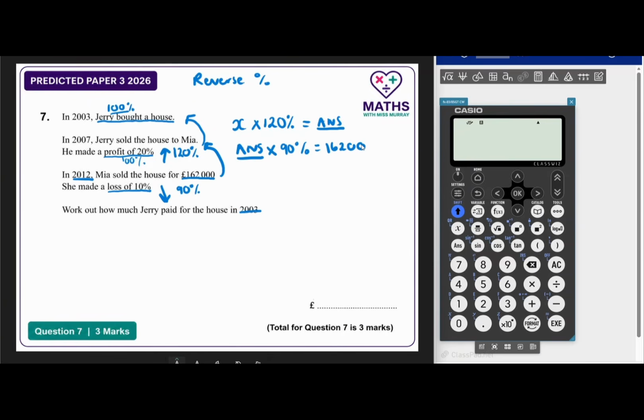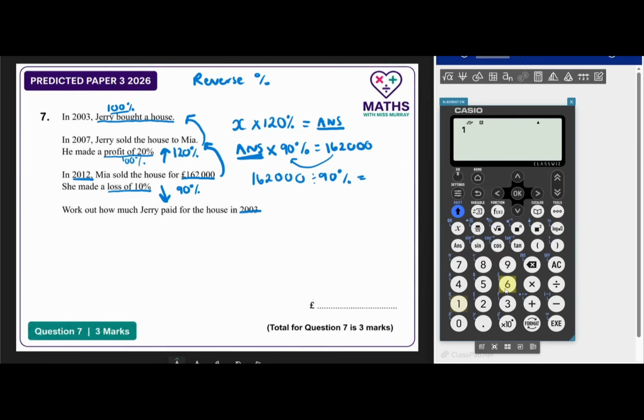So I've got to work backwards twice here. So if we're working backwards and I want to find out what it was when Mia had it from Jerry, instead of timesing by 90%, I'm going to do 162,000, I've put that there, divided by 90%. And again, you can use your percentage button on your calculator.